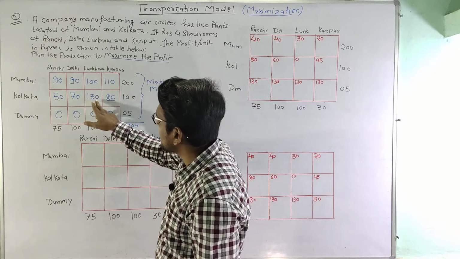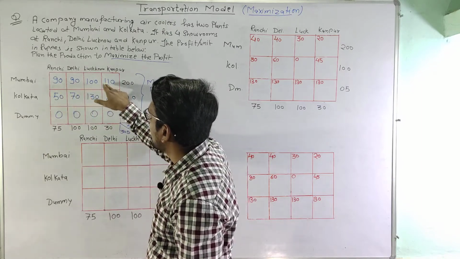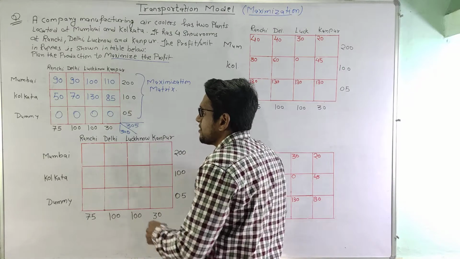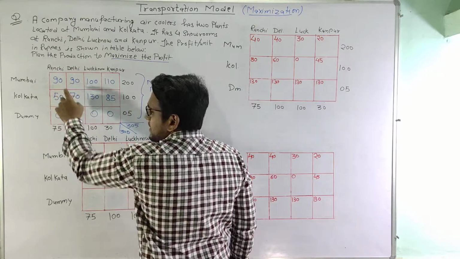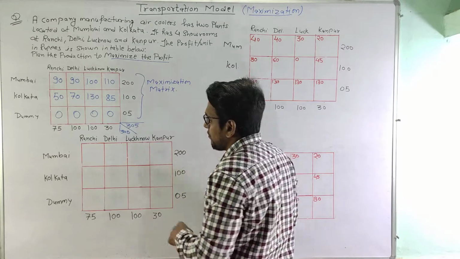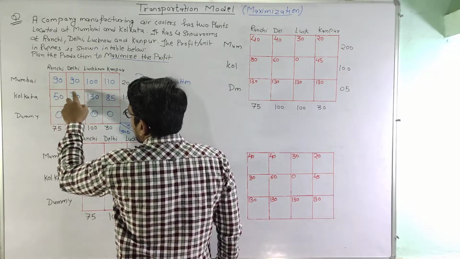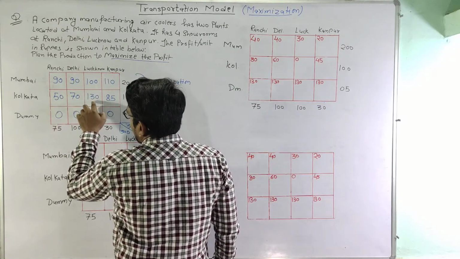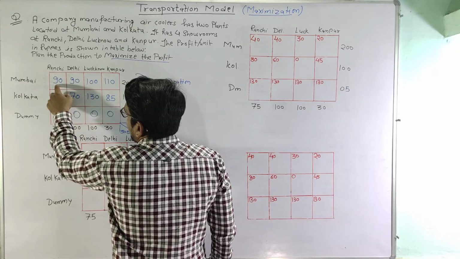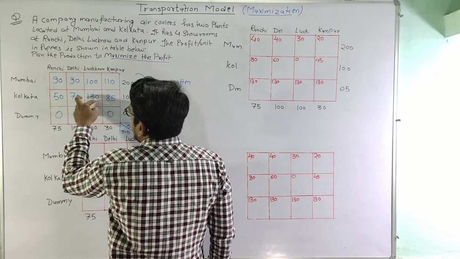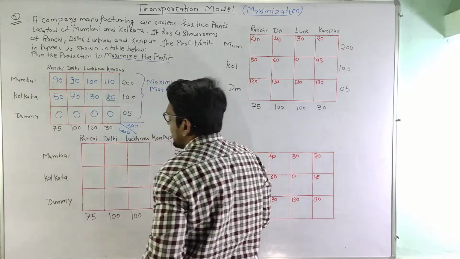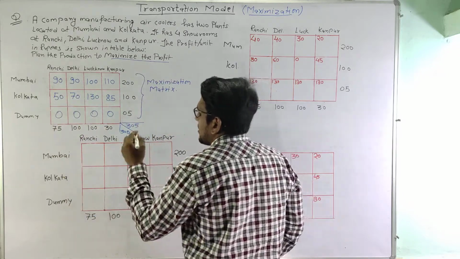That means for each cell we will find the difference between this maximum value and the value at that particular cell. So for the first cell, the maximum value in the table is 130 and the value in this cell is 90. So we have to do 130 minus 90. So this will come as 40.